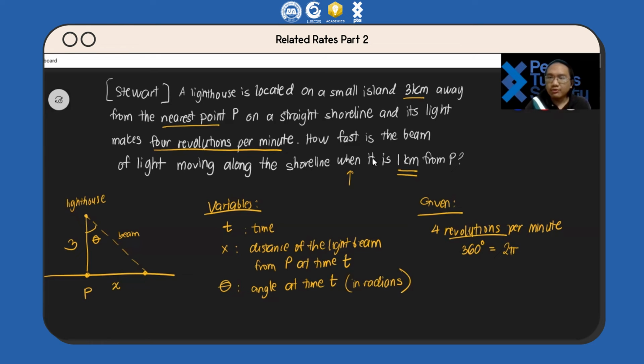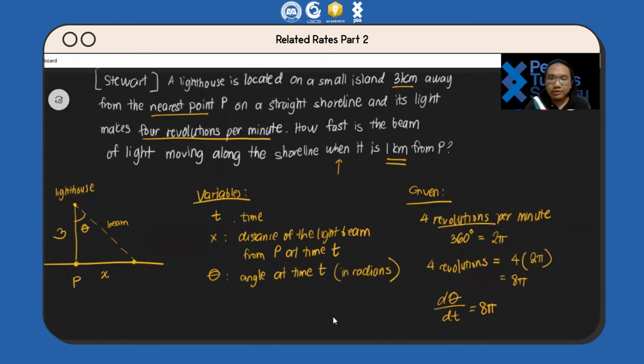So 4 revolutions actually translates to 4 multiplied by 2 pi, because 1 revolution is 360 degrees, or 2 pi radians. That's 8 pi per minute. So that means dθ/dt is equal to 8 pi. This is one of the early insights that must be gleaned in order to solve this problem.